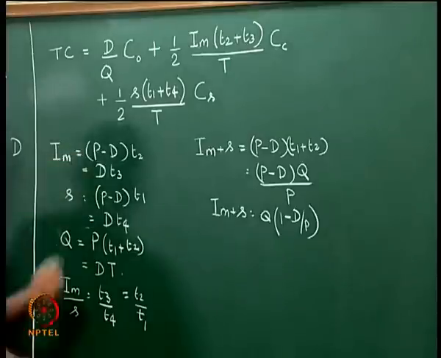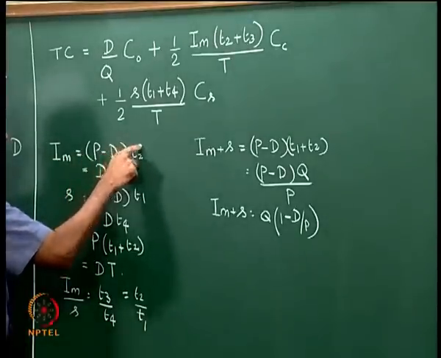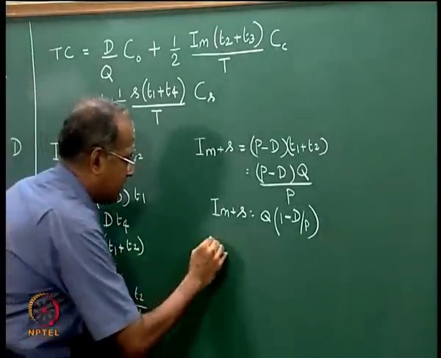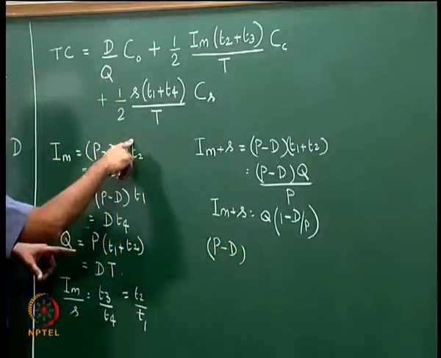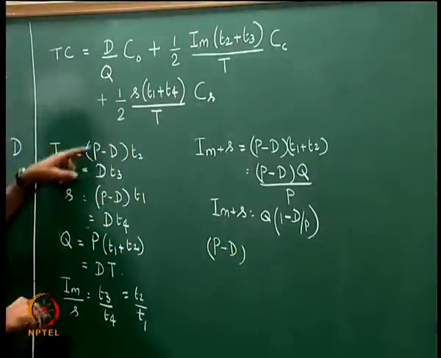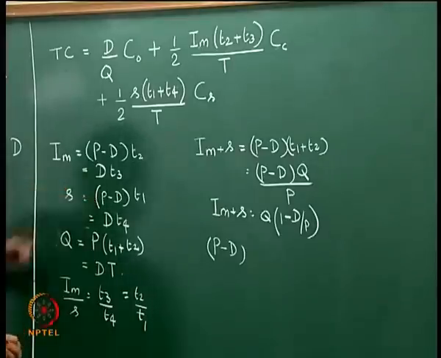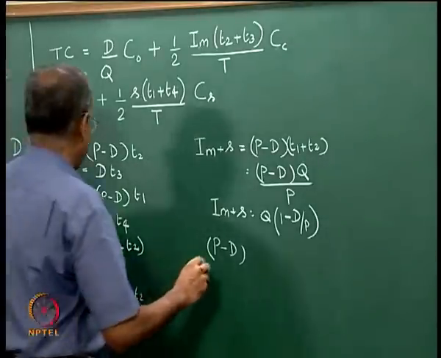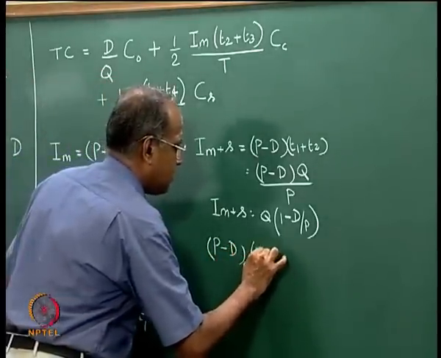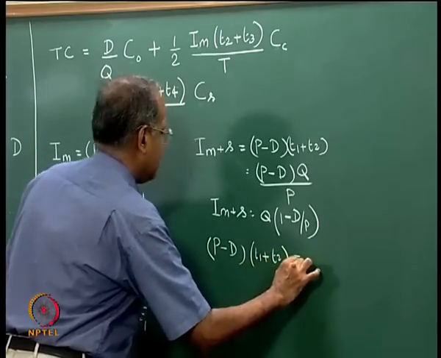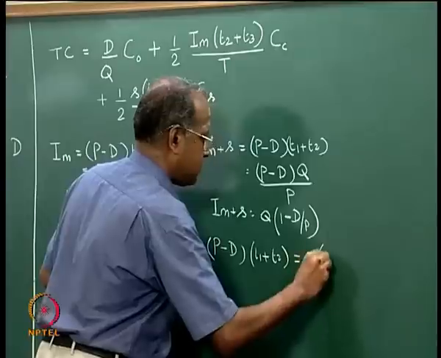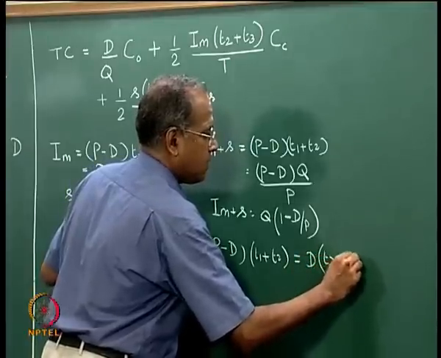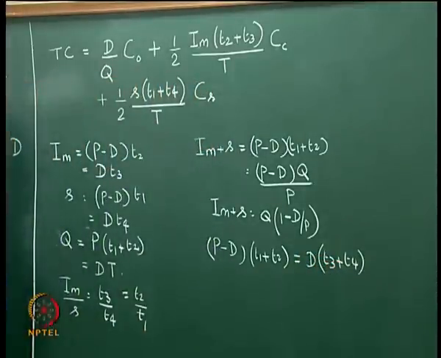Now, we also have P minus D into T2 is equal to D into T3. So, P minus D into T2 plus P minus D into T1. So, P minus D into T1 plus T2 is equal to D into T3 plus T4.